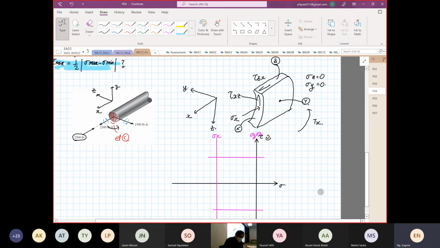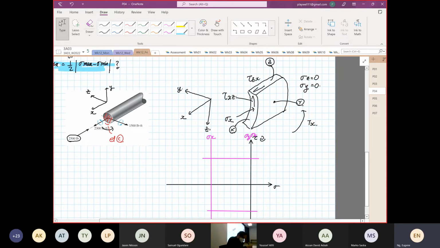So we know that point Y will have 0 normal stress and 0 shearing stress. So this is our 0. This is our point Y. Okay.